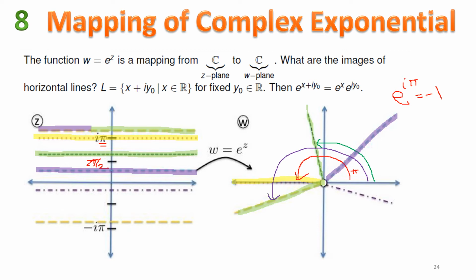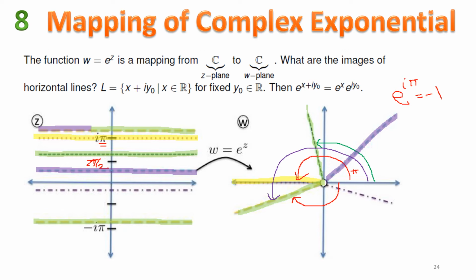So when we try to locate the same line, which is here, a little less than pi, this can be represented by this angle, a little less than minus pi. So here you can see that these two lines are reflecting to the same point.